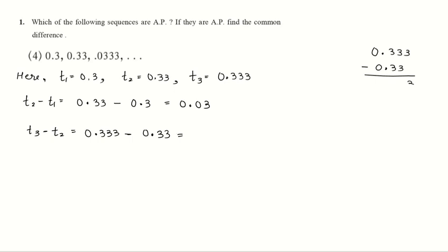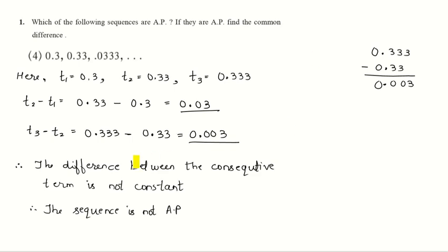So what I get here is 0.003. If you look at both the differences, they are not the same. Therefore the difference between two consecutive terms is not constant. Therefore the sequence is not an AP.